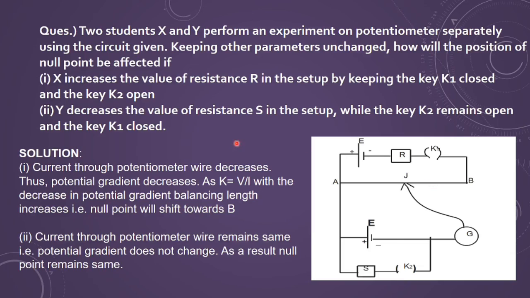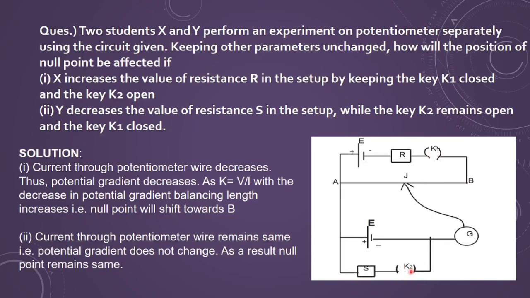Second student, what did he do? Y decreases the value of S, the shunt resistance, while the key K2 remains open and key K1 is closed. Now K2 is open, K1 is closed.